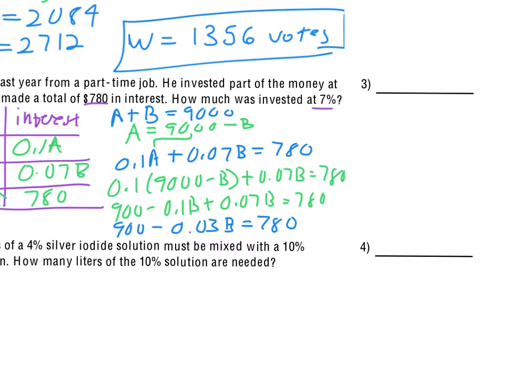from there we would subtract 900 from both sides, so we do end up with a negative on the right side as well, because we have a negative 0.03 B equals negative 120.